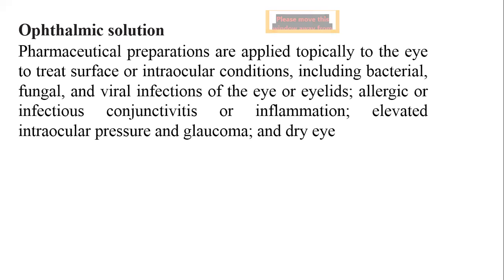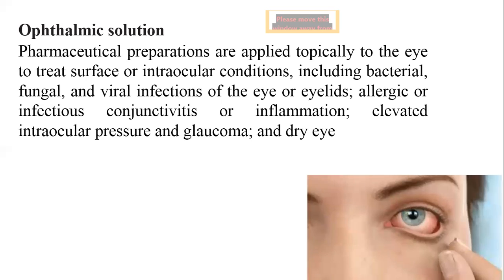Pharmaceutical preparations are applied topically to the eye to treat surface or intraocular conditions, including bacterial, fungal, and viral infections of the eye or eyelid, allergic or infectious conjunctivitis, inflammation, elevated intraocular pressure, glaucoma, and dry eye. All these conditions are treated by ophthalmic solution.